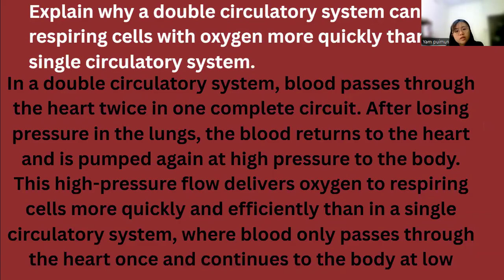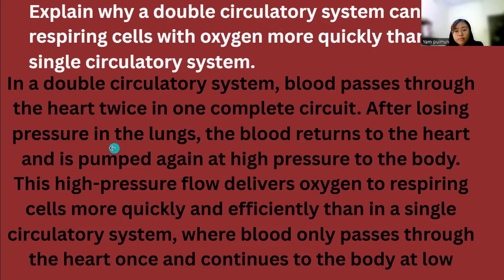So, explain why a double circulatory system can provide respiring cells with oxygen more quickly than a single circulatory system. A double circulatory system is very important for mammals. This is because in a double circulatory system, blood passes through the heart twice in one complete circuit.